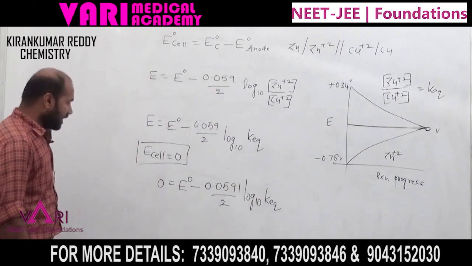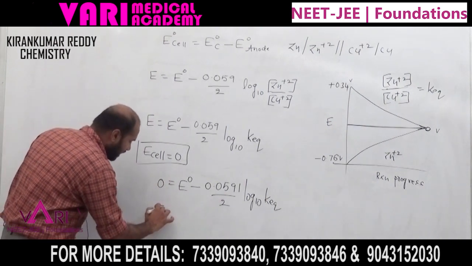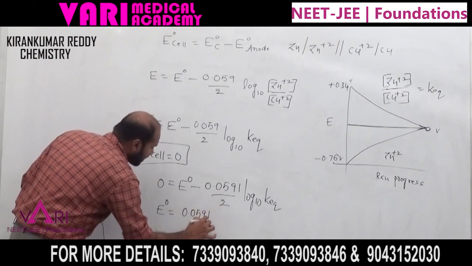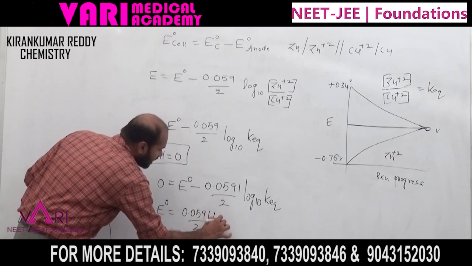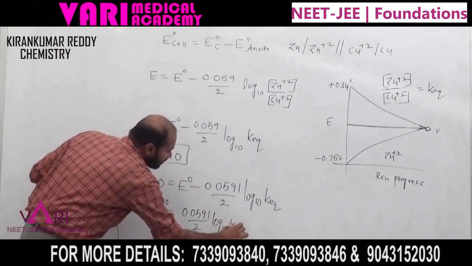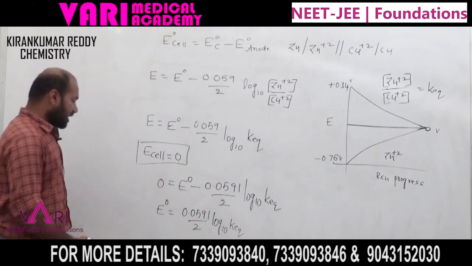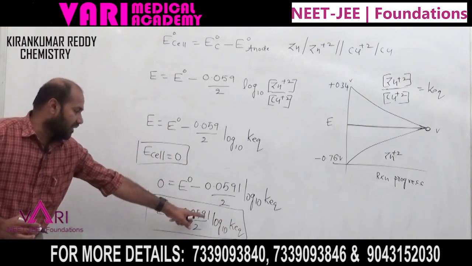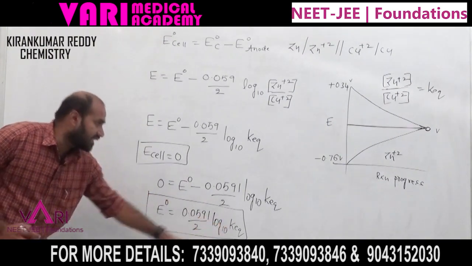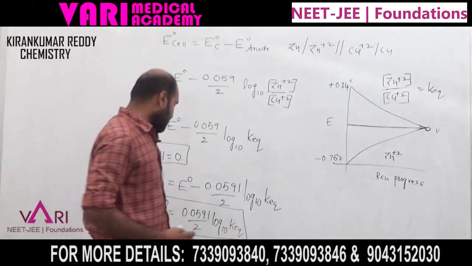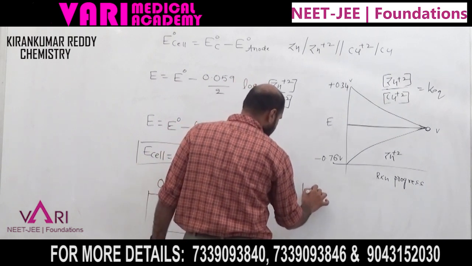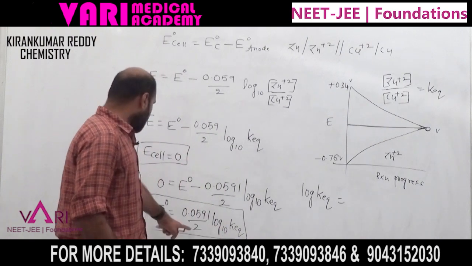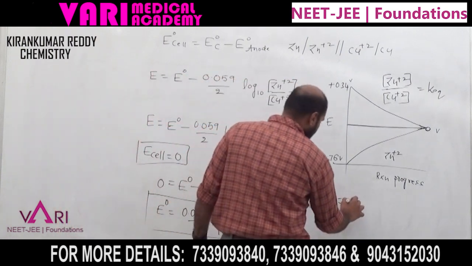Now rearranging this equation, E naught cell is equal to 0.0591 by 2 log to the base 10 K equilibrium. So log K equilibrium is equal to 2 into E naught cell by 0.0591.